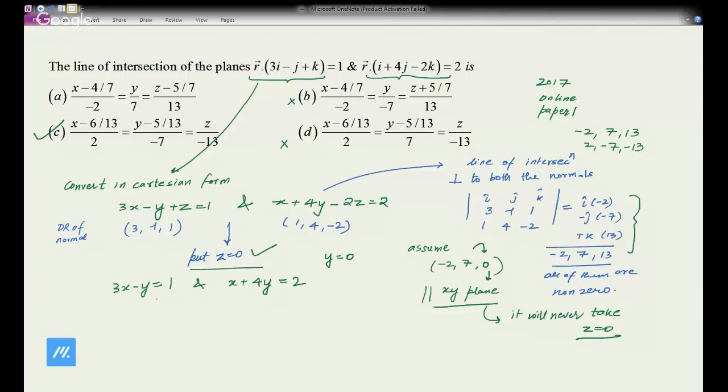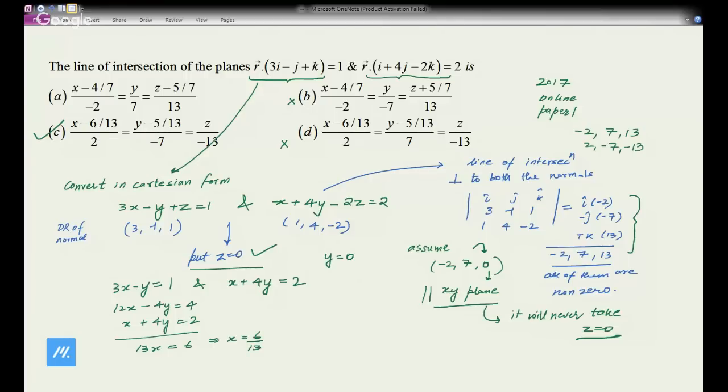Because if you try and solve this, let's see what we are going to get. Let's say multiplying this with 4, I'm trying to solve simultaneously with you guys. This becomes what? If you solve, 13x is equal to 6, so x is equal to 6 by 13. Okay, matches 6 by 13.